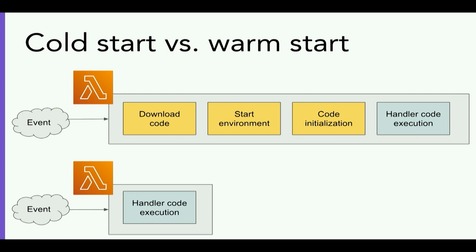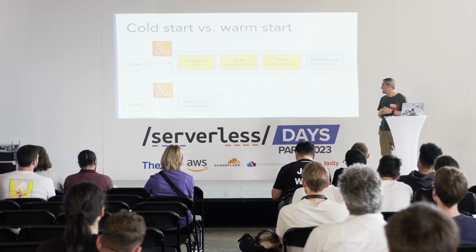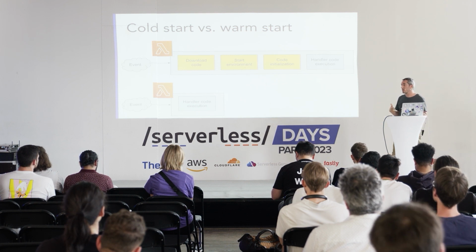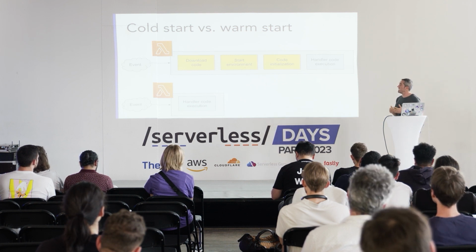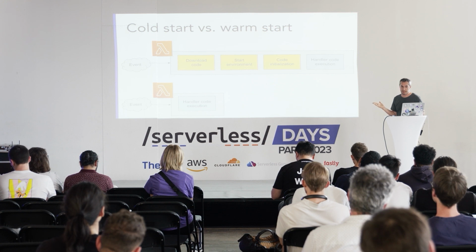And as Julian said a bit earlier, when an event comes, the first 3 steps are download code, start environment, and code initialization. And finally, there is the code execution. So this is for cold start on the very top, and on the bottom, it's for warm start. When the function is already warm, we can process the event right away.